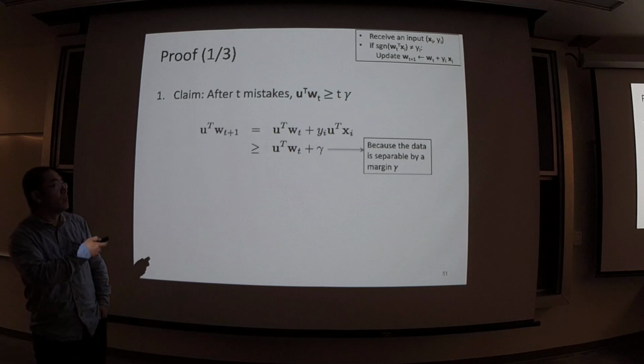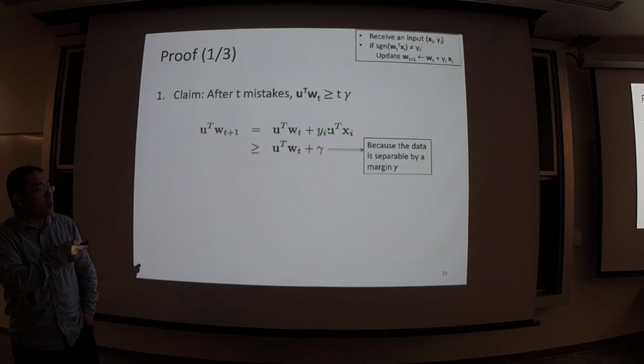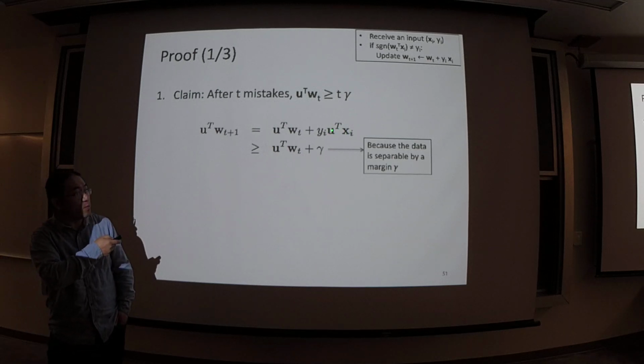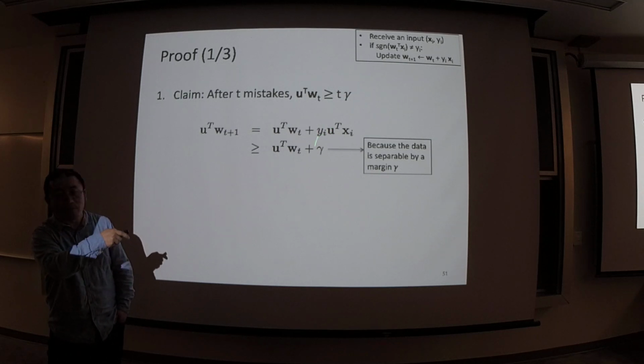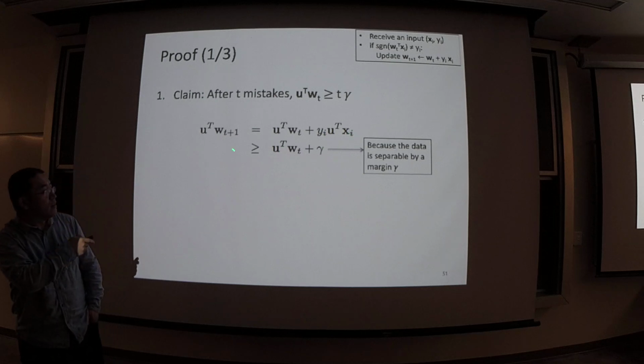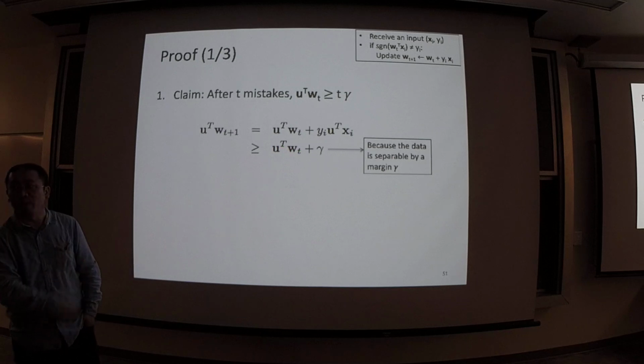Remember, for each x_i and y_i, the distance between x_i and the separating hyperplane determined by u is no less than gamma, so we can apply the inequality here. So we have u transpose w_{t+1} is no less than u transpose w_t plus gamma.